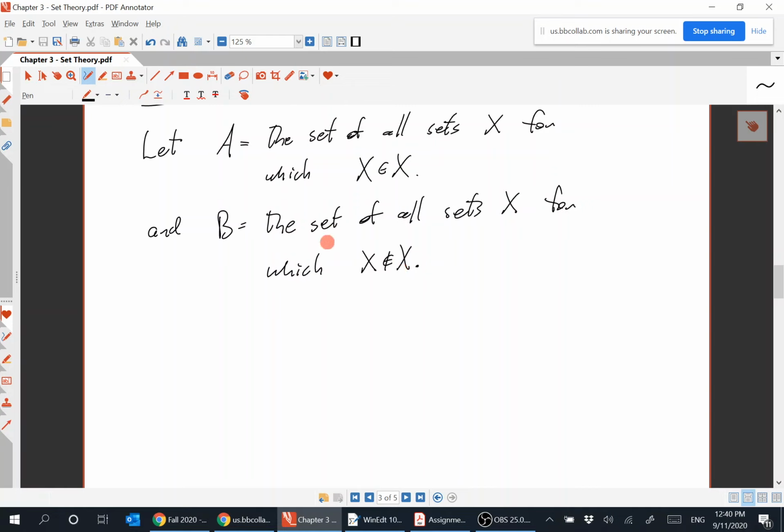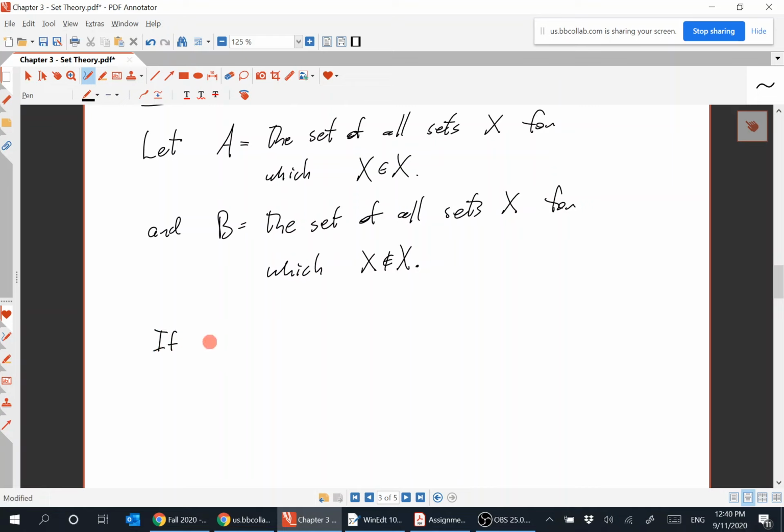So B cannot be an element of itself. But if B is not an element of itself, then by definition, it belongs in B. It twists your mind a little bit, but you know.